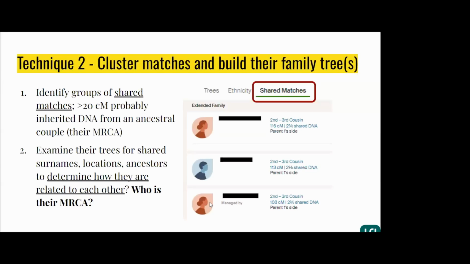One way to do this, and the way Ancestry does it in their shared matches tool, which I'm showing here on the screen, is to identify groups of people who are all shared matches with each other and you, and who, in Ancestry's case, share more than 20 centimorgans of DNA to be shown as a shared match. 20 centimorgans is not really very much.